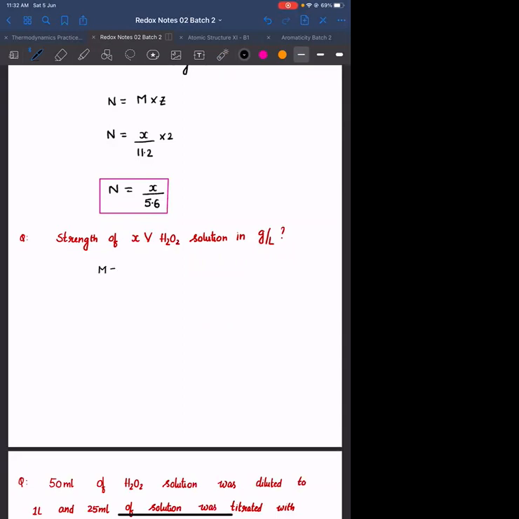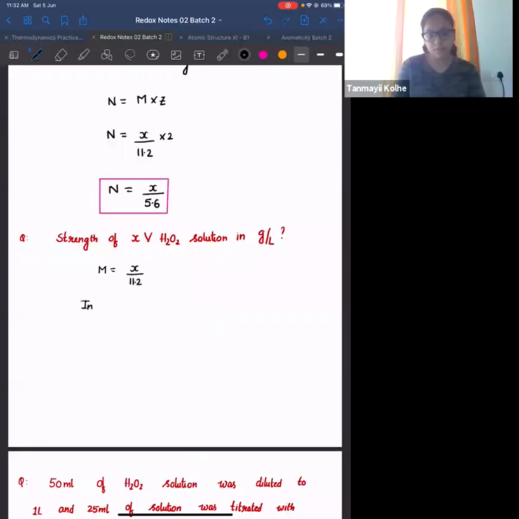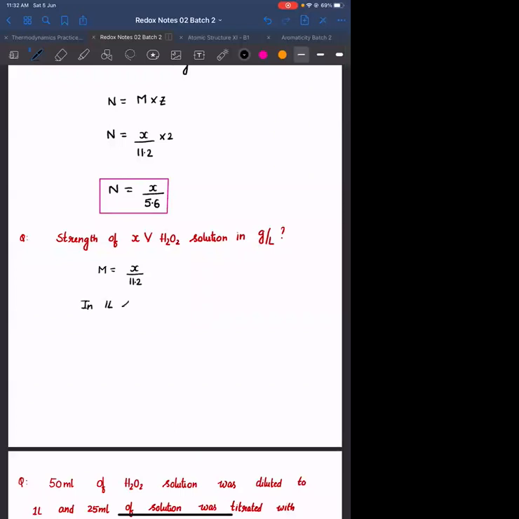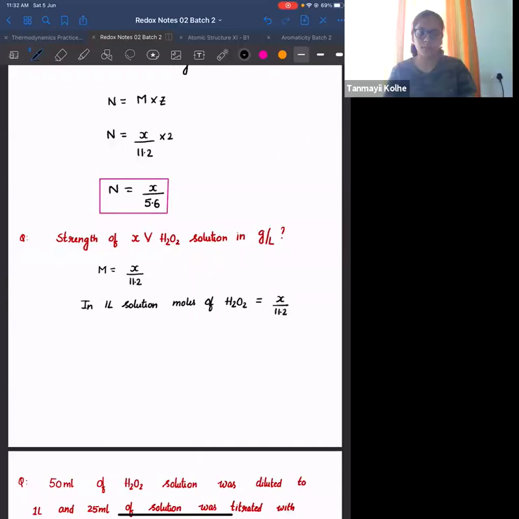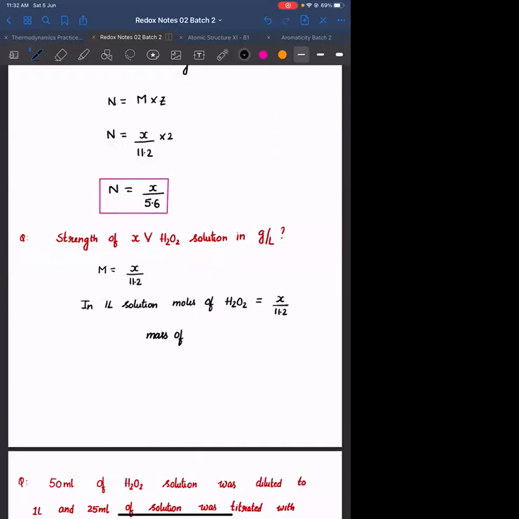We know the molarity as how much? X upon 11.2. So in 1 liter solution, moles of H2O2 कितना होगा? X upon 11.2. Okay. So what is the mass of H2O2?